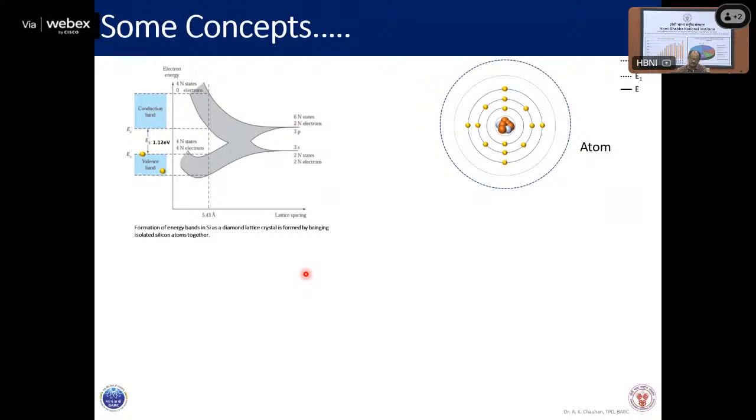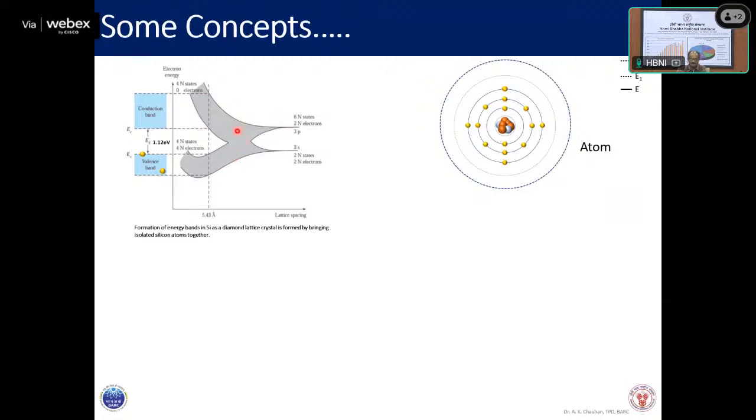If I say there is an assignment which is based on this figure: if silicon was crystallized, with all the properties the same, everything the same, and if it crystallized with this lattice parameter, in such a situation it should behave like a metal, because here you will have 4n continuous energy levels, and electrons should be in the lower level.